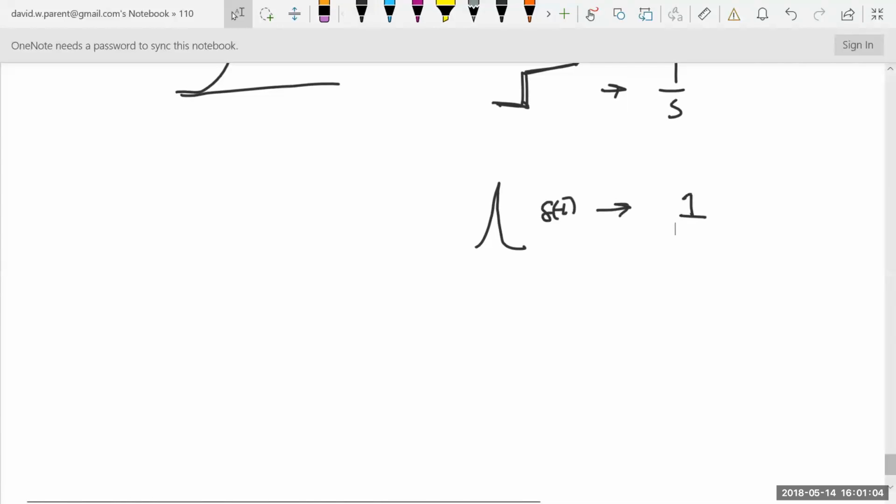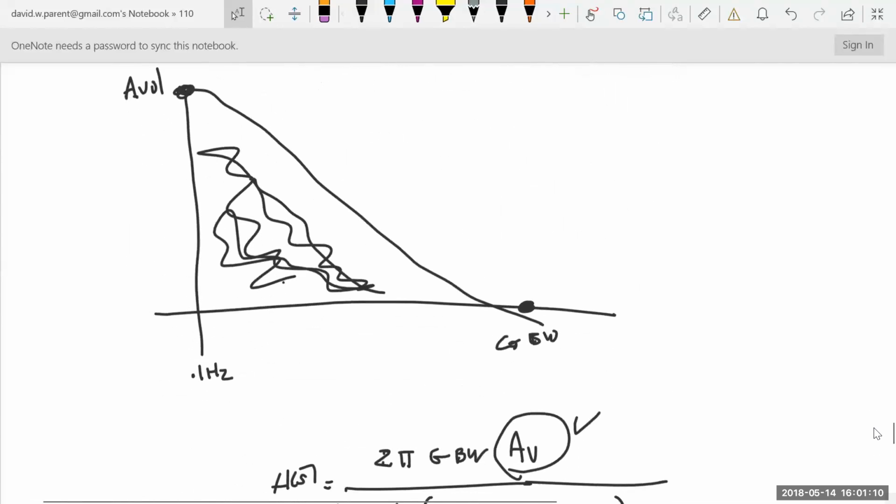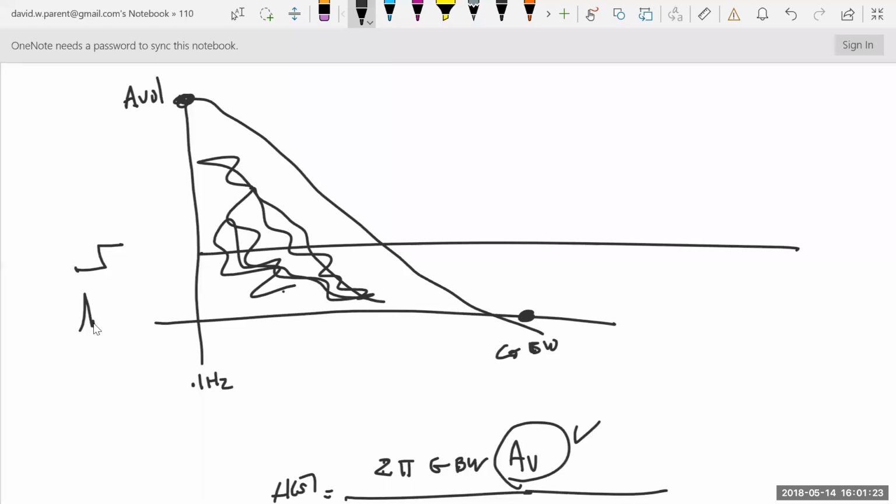So when you test with a step function, I put in a step or I put in a delta function. The step will go down like that, but the delta function will have a constant frequency everywhere, right?